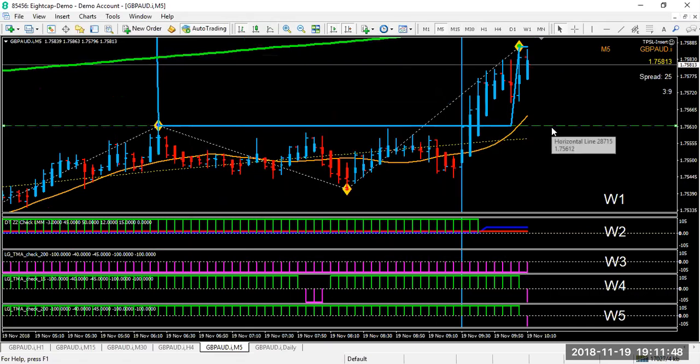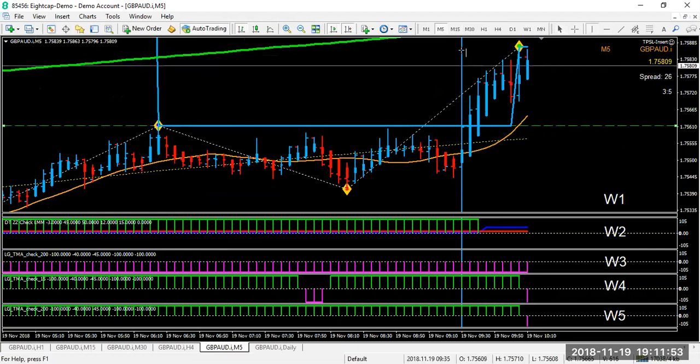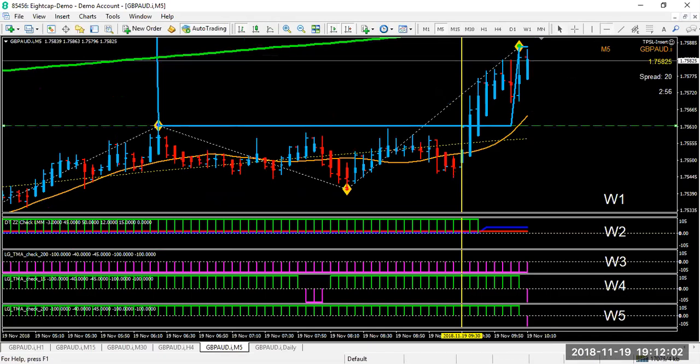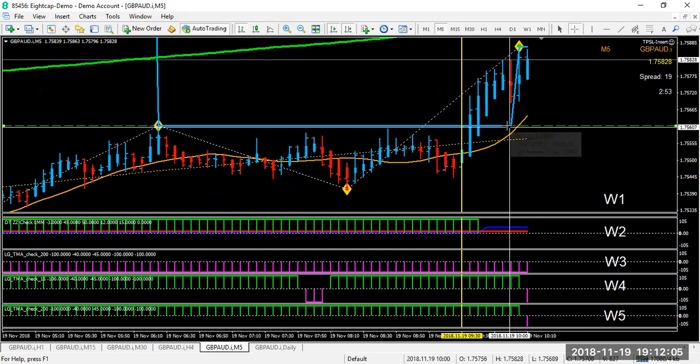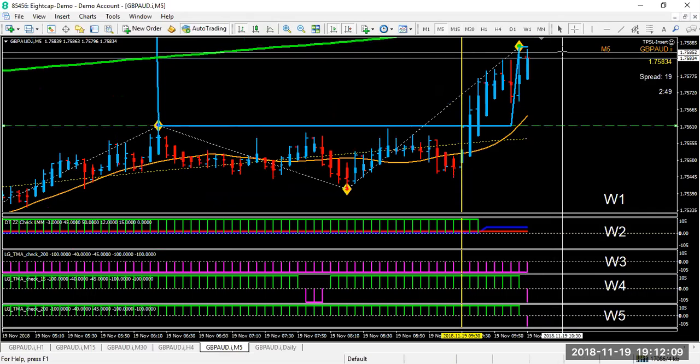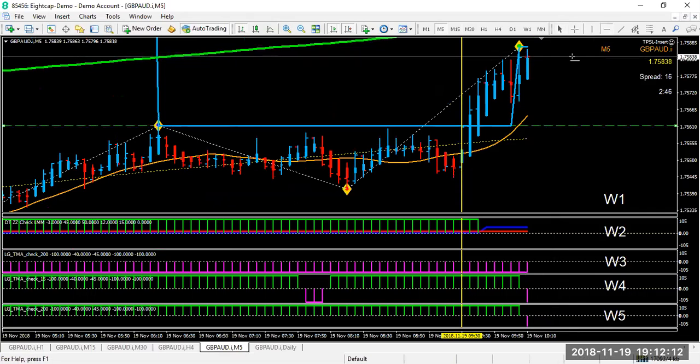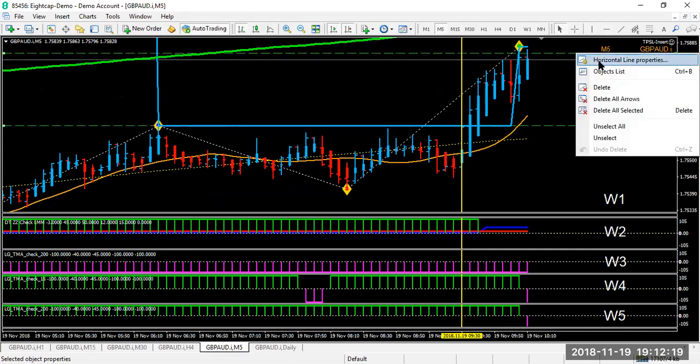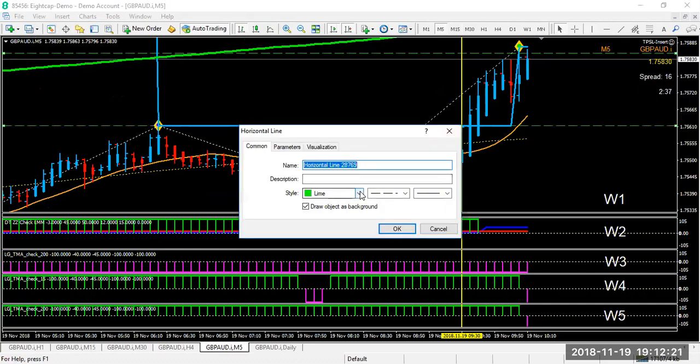So when we place an order after we've confirmed this vertical line, we place it because we've already confirmed criteria. And once again, let me just put the defaults. Then we'll do step 3. Horizontal line to be red.